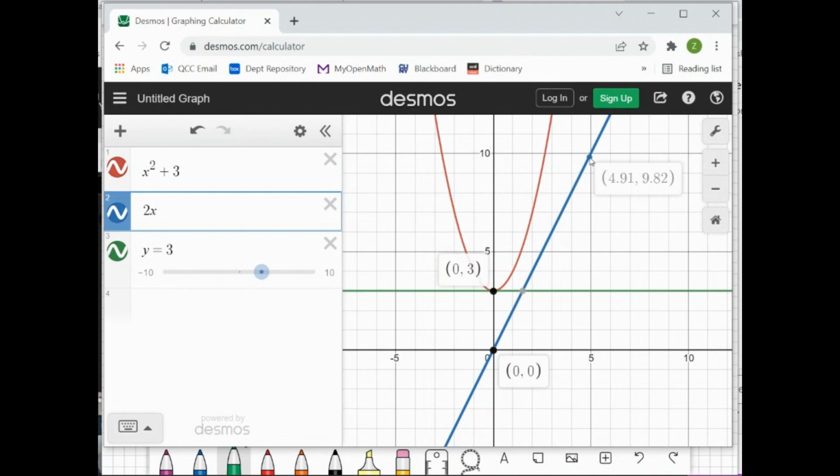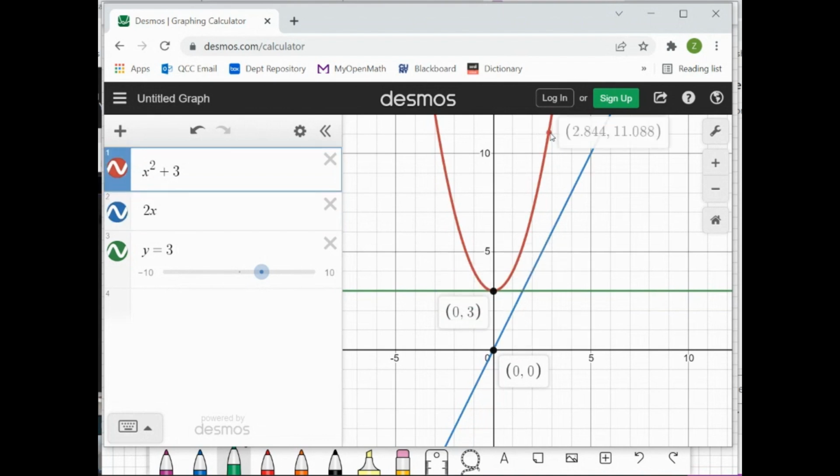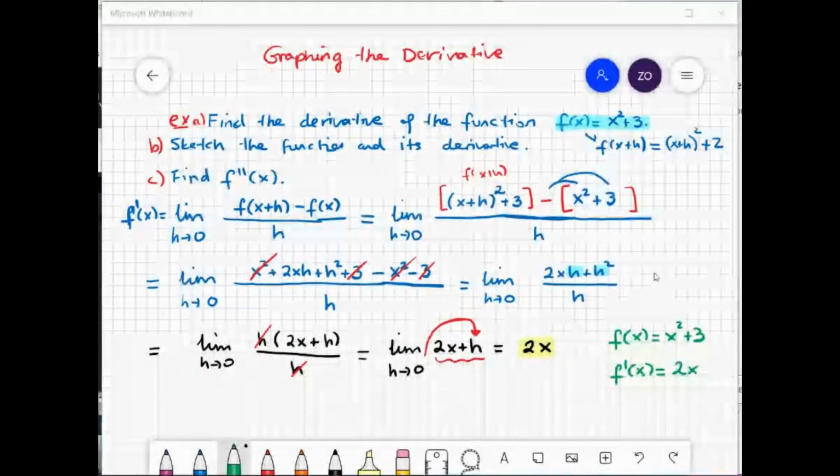That is consistent with the graph of the derivative function, the blue line, which has larger values. For example, here the derivative is 10, and here the derivative is 1. So from here to here, the slope is increasing. Okay, so we will see other examples to compare a function and its derivative, how they look.